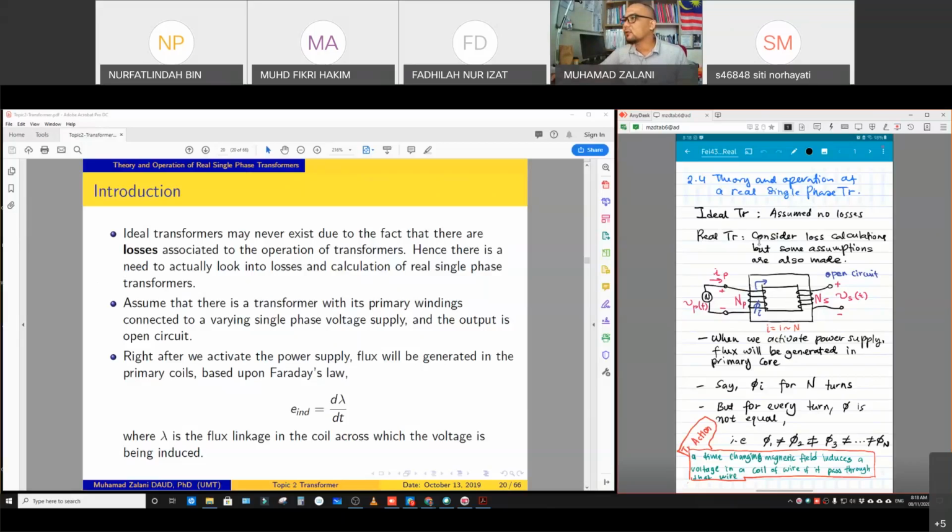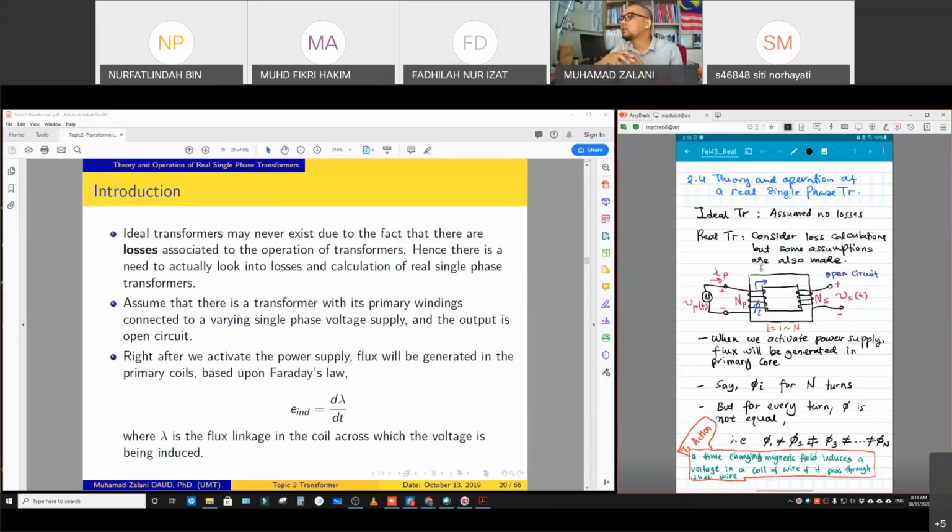But for real transformer, we consider loss calculation, but basically not all of the losses we can consider because there are some other complicated systems in the transformer we cannot calculate. Maybe we have to do the experiment.